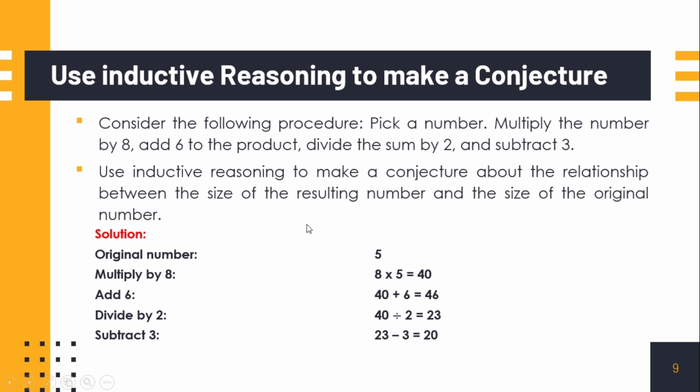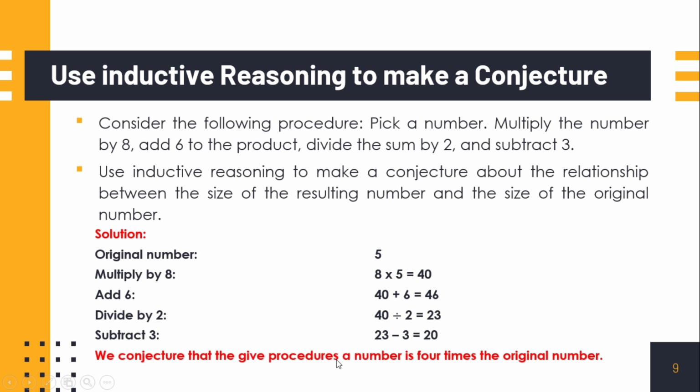And if the original number is 10, it produced a final result of 40. And if we start with 100, it produced a final result of 400. From that procedure, using inductive reasoning, our conjecture now is that the procedure gives a number that is 4 times the original number. So that is our conjecture.